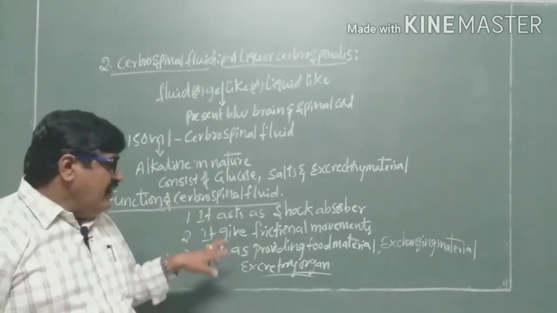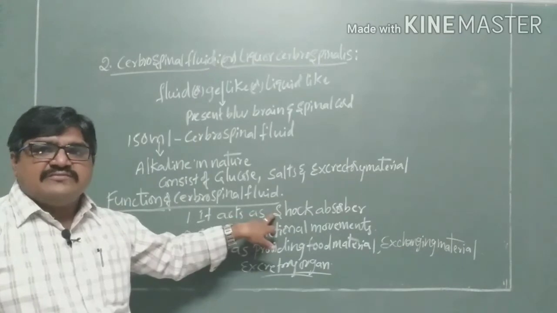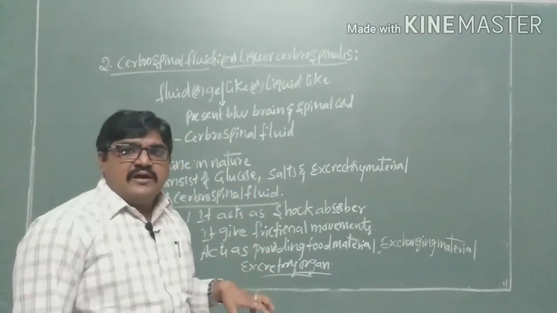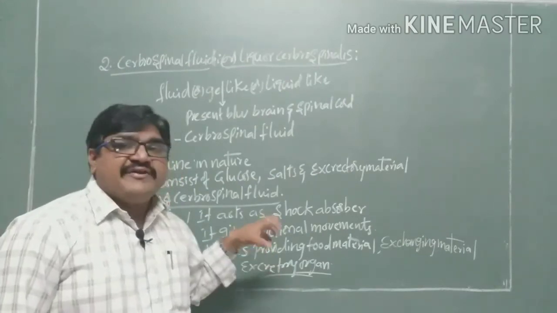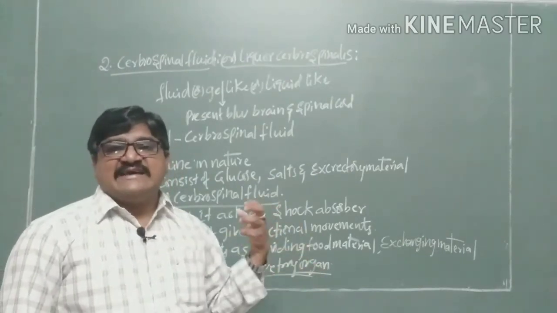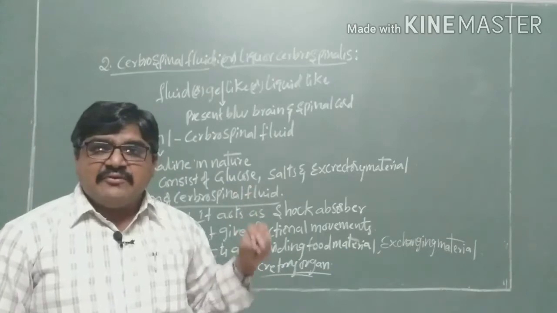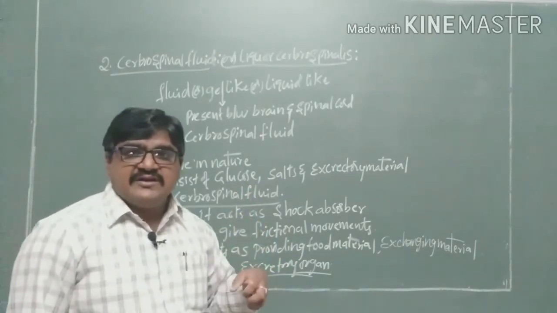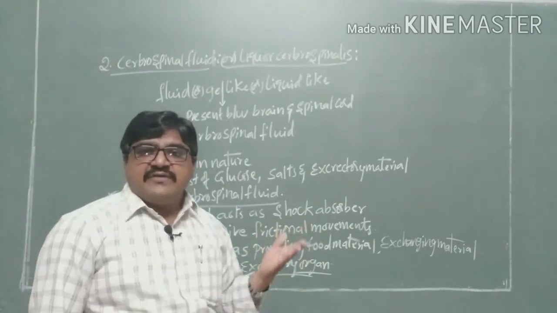One is it acts as a shock absorber, which prevents pressure on the skull and vertebral column. It also gives frictionless movements, and acts in exchanging of materials, providing food materials and oxygen, and excreting waste materials from the brain.